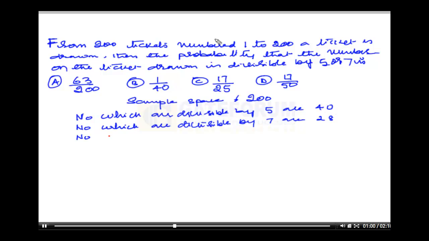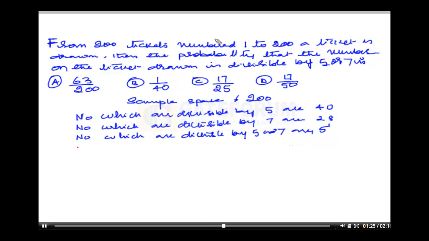Also, the numbers which are divisible by both 5 and 7 are 5. So therefore, we have to find the probability divisible by either 5 or 7, not both.